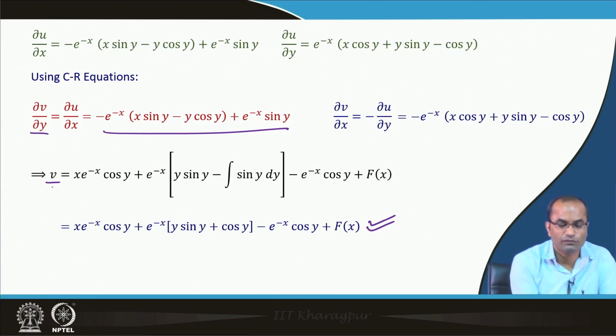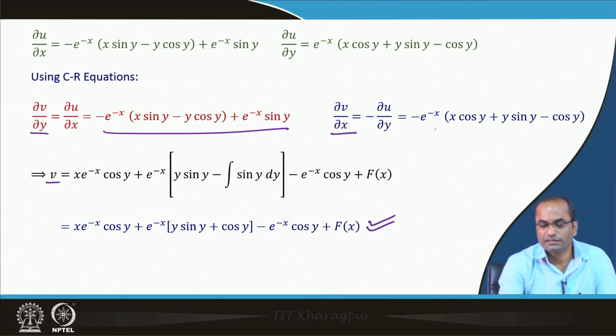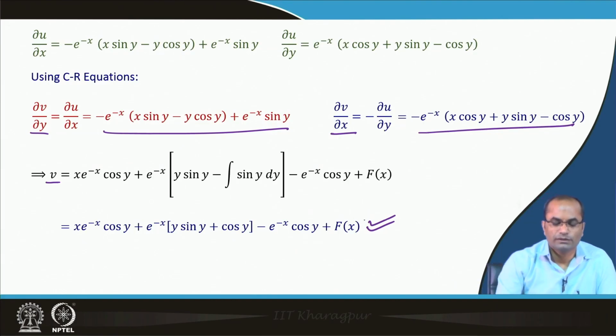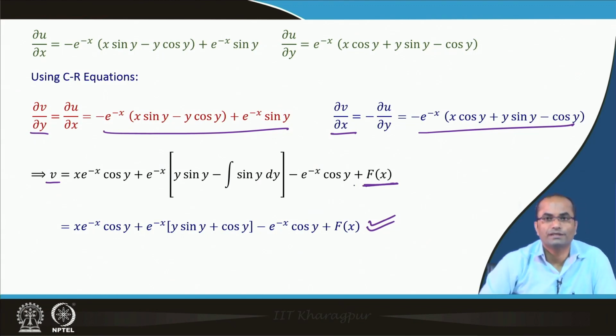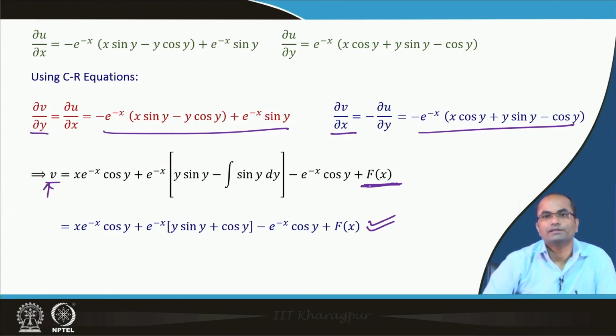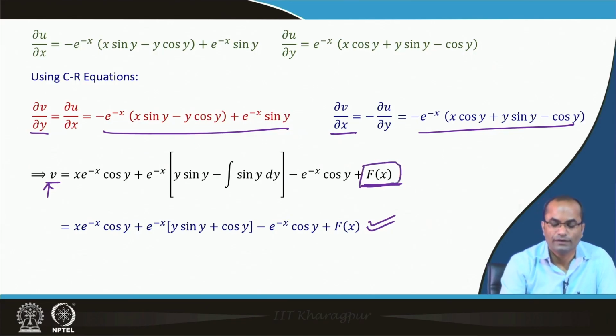So, we will get del v over del x, which we also know from the other equation. By putting them together, we will observe that we can get this extra function. What is this? This is a so-called arbitrary function of x, a constant of integration, but here we are integrating with respect to y, so this constant of integration can be a function of x.